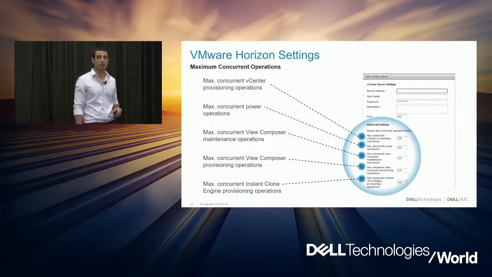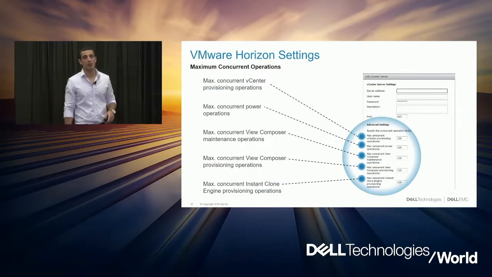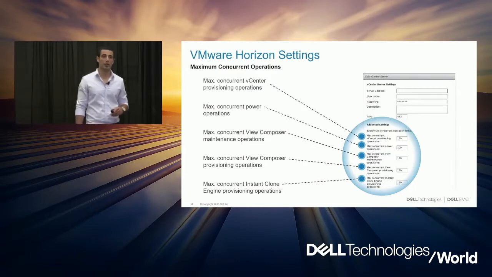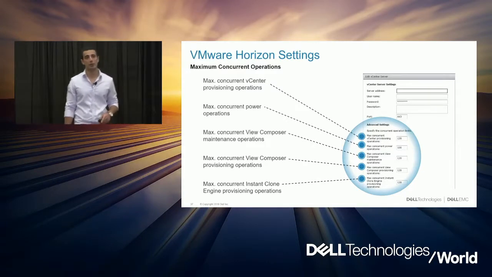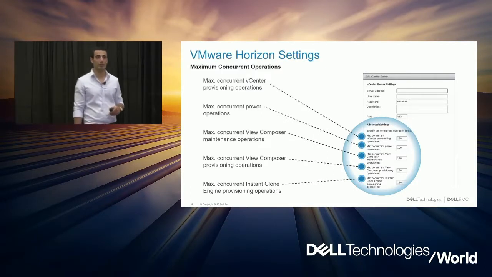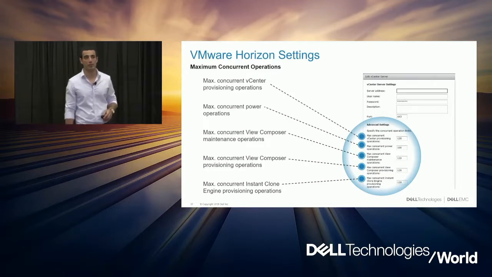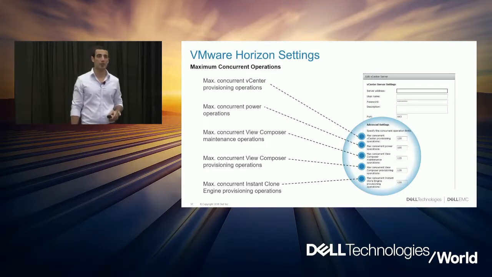Okay, so first of all, the VMware Horizon settings. If you go to the Horizon web interface, and go to the vCenter that is connected to your Horizon connection manager, you will find the maximum concurrent operations. The default value for most of these operations is 20.